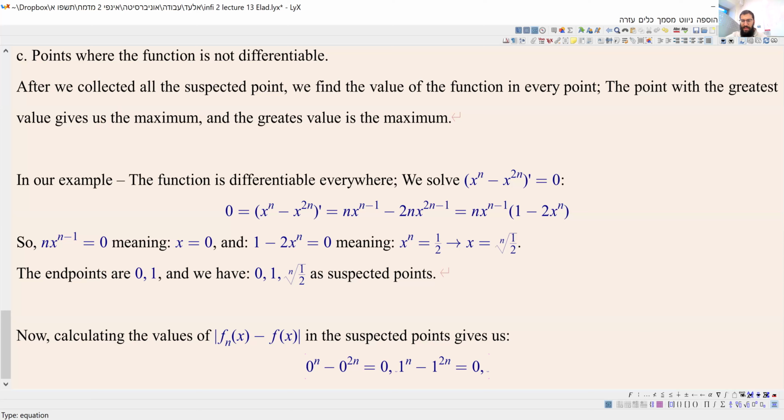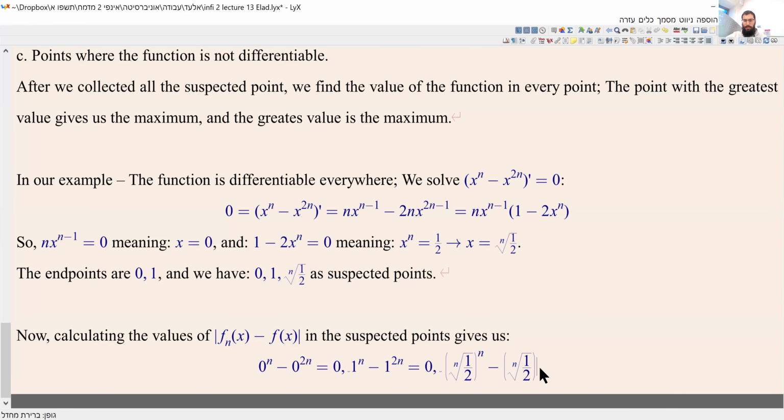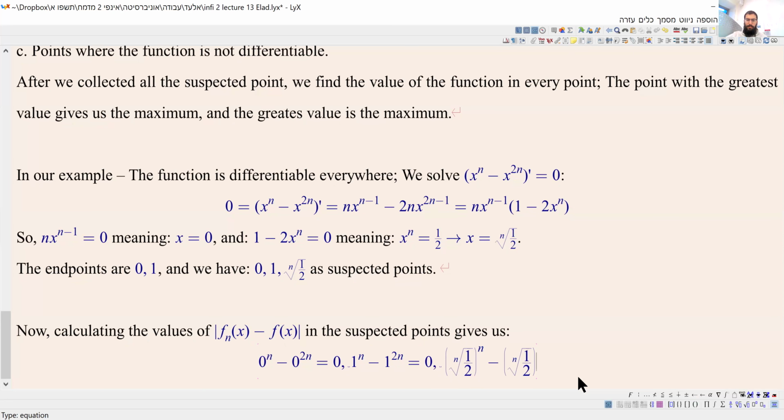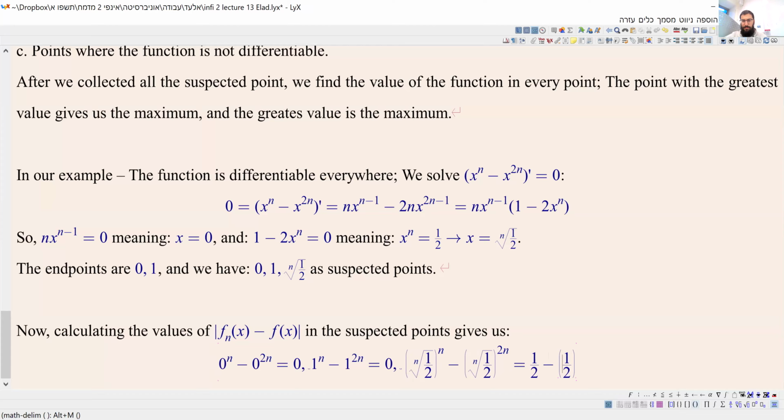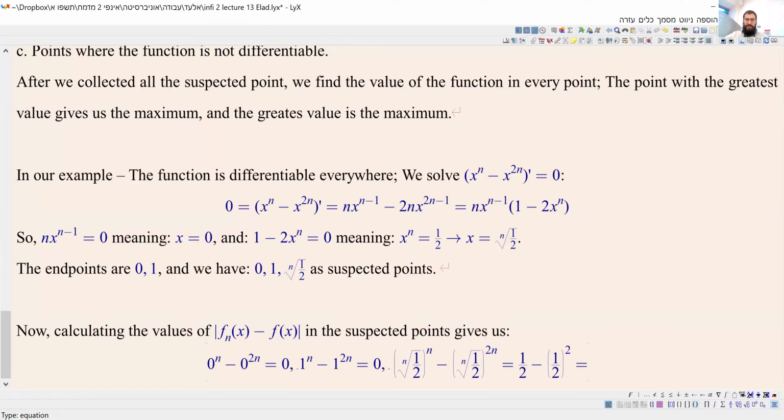And for the nth root of half, we get something more interesting. By the rules of powers, we get half minus half squared, which is a quarter.